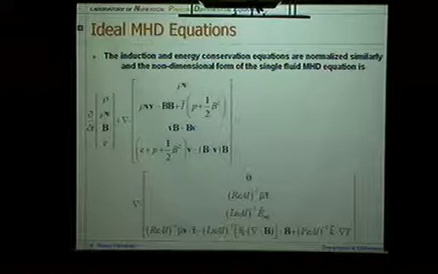So B is the magnetic field, rho is the gas density, and V is velocity. We have seen this equation before, right? So this is energy, and B squared is the energy source coming from the magnetic field.